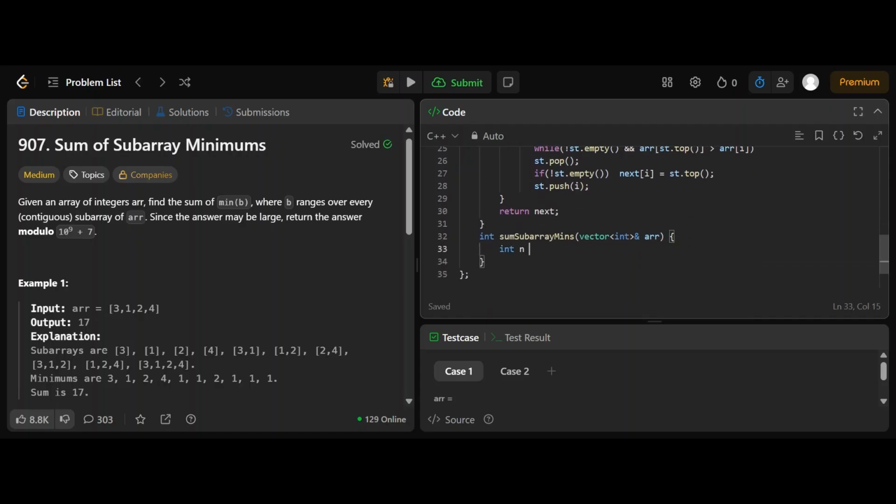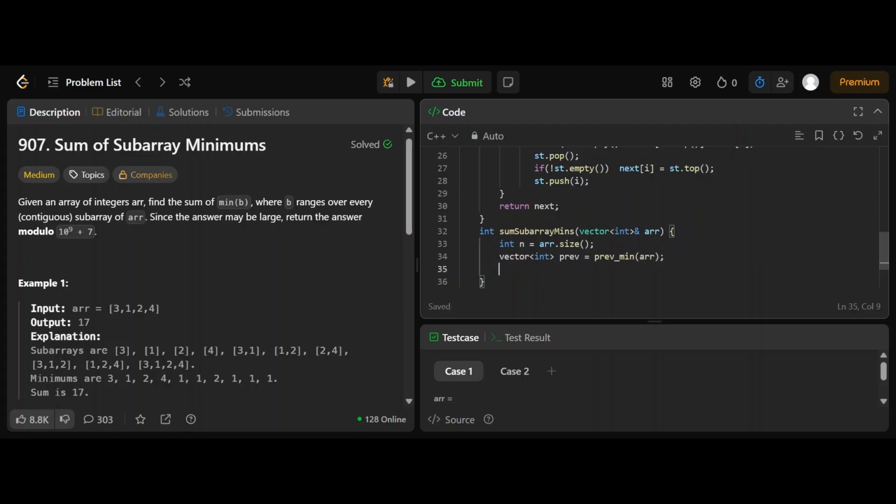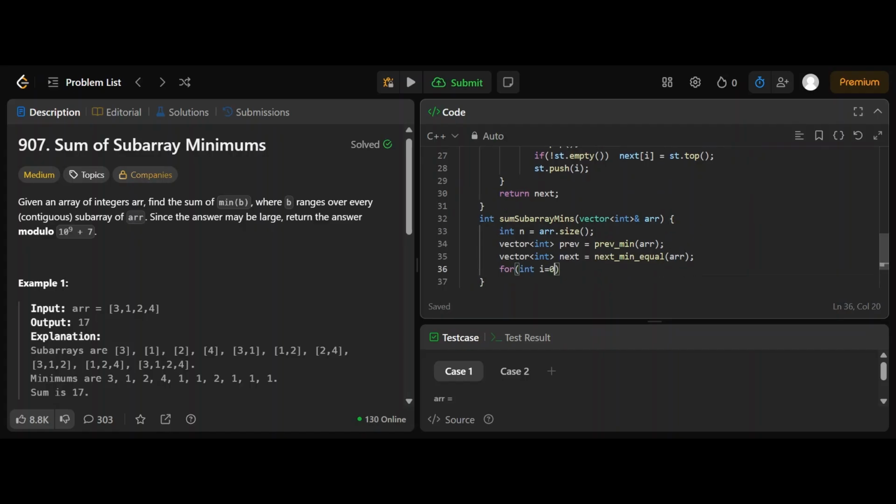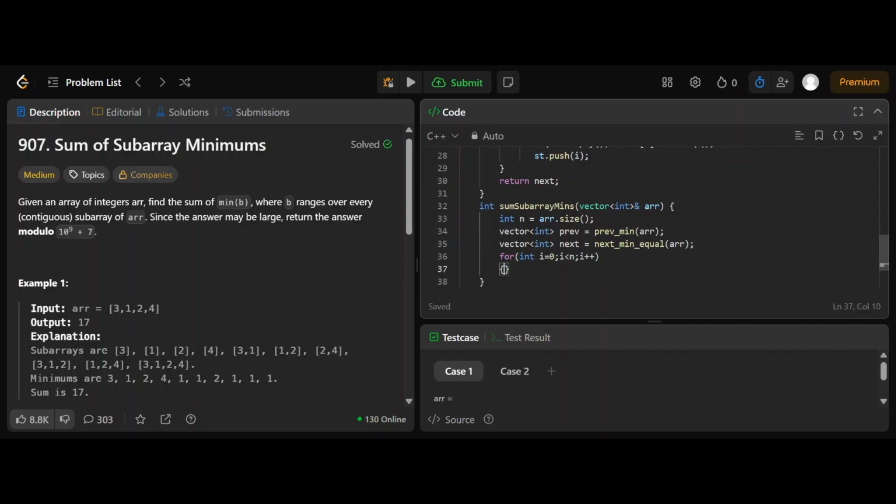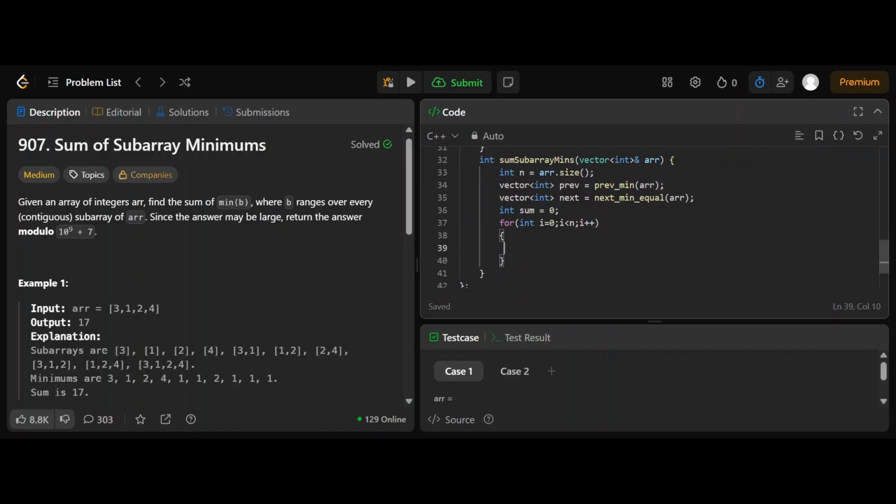Okay. We have n as array dot size. Vector of int previous is equal to previous minimum of array, and vector of int next is equal to next minimum equal of array. Now we will have one sum of 0.